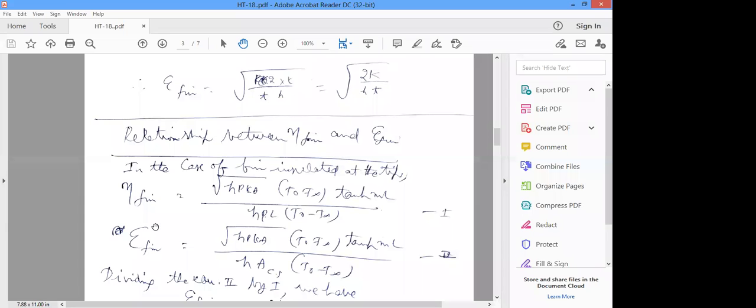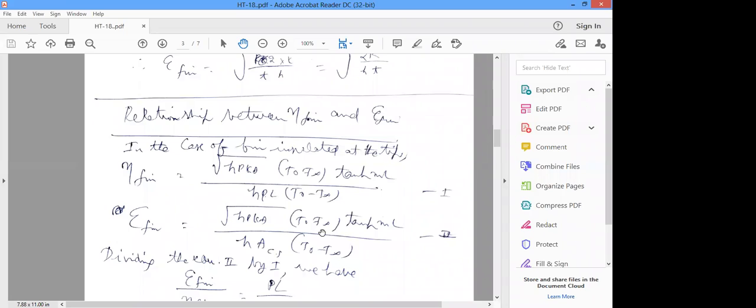But effectiveness, how do you calculate? For the insulated fin, it is square root of HPKA T naught by T free stream into tan HML divided by H into cross section area A, into T naught by T free stream.